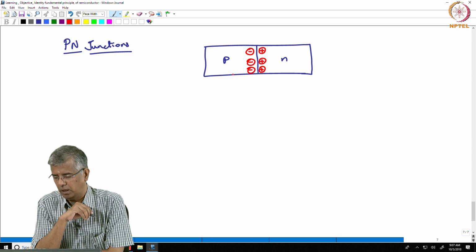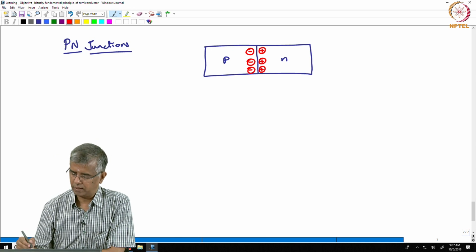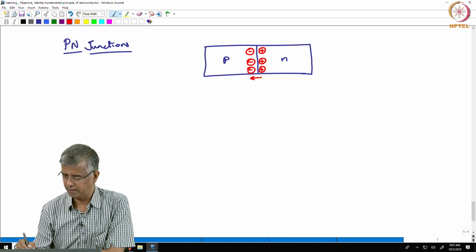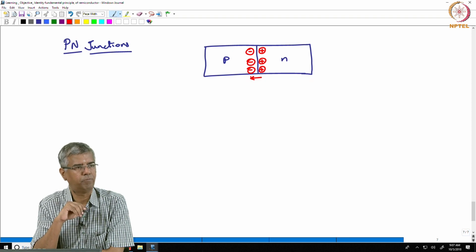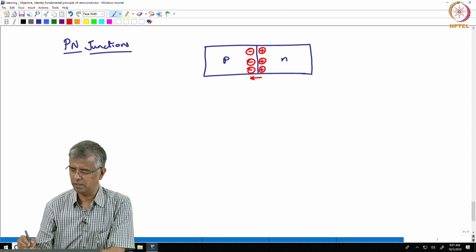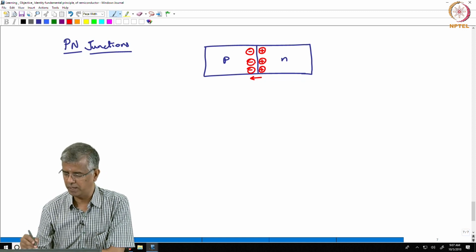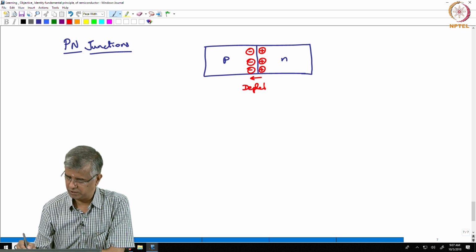Okay. And since these are fixed charges, with positive on one side and negative on the other, there is a small electric field that gets developed over there. And since these are fixed charges, they are depleted of any mobile charges. This region is called the depletion region.